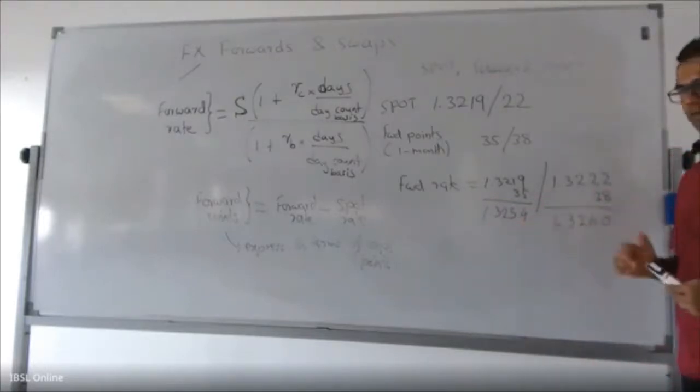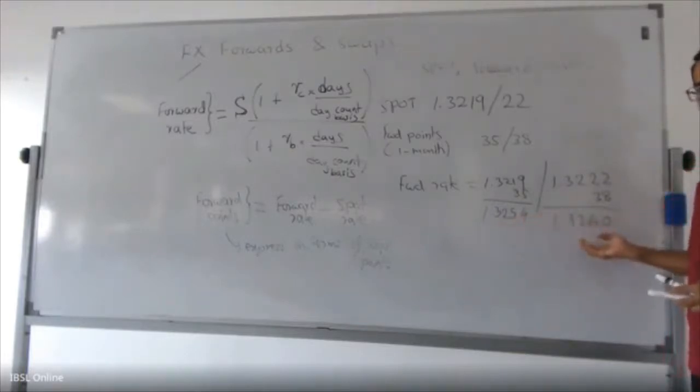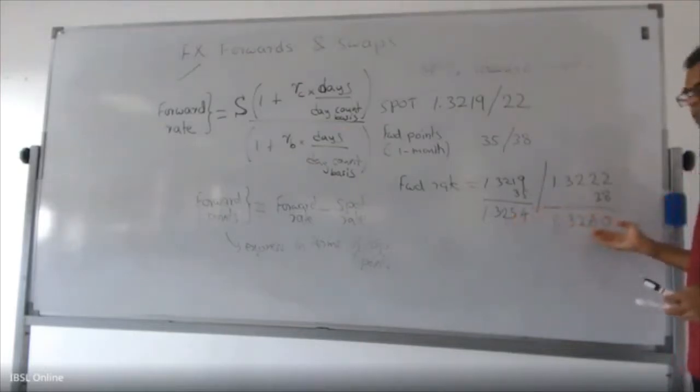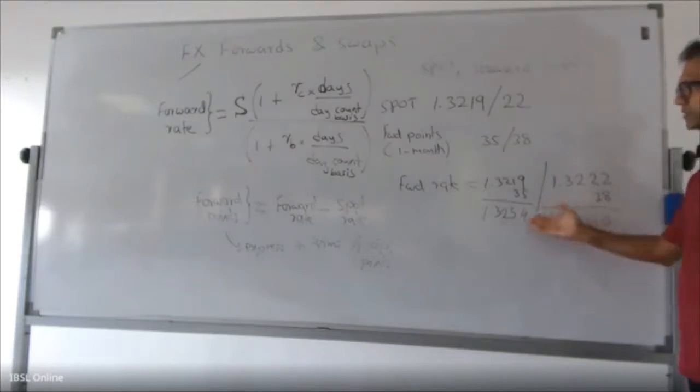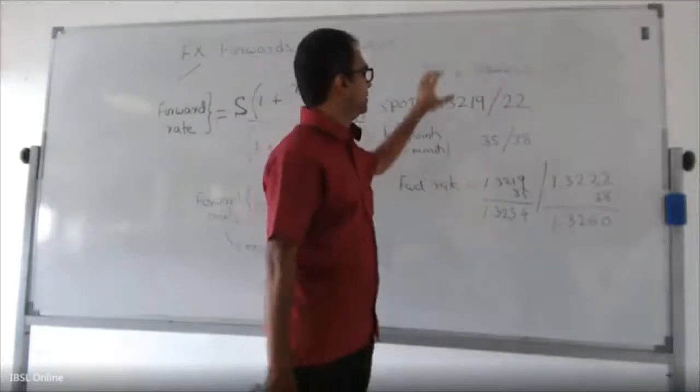Again, you can cross-check whether the bid is lower than the offer. In this case, bid is 54, offer is 60. So this is the 1 month forward rate given this information.